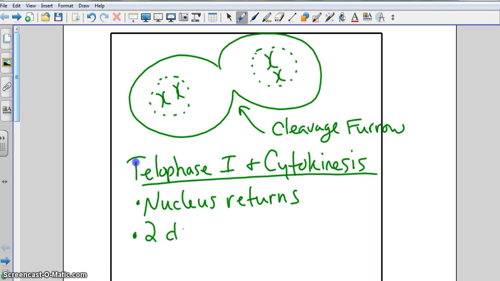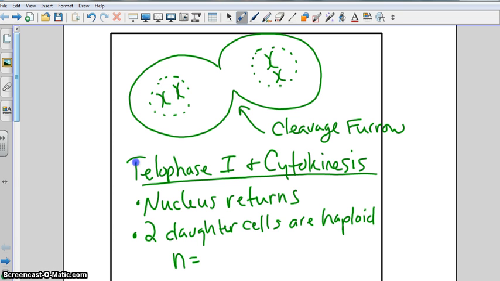The 2 daughter cells have half the number of chromosomes, so should we call them diploid or haploid? Haploid. Remember, we think haploid means half. So 2 daughter cells are haploid. We would write that as n equals 2.